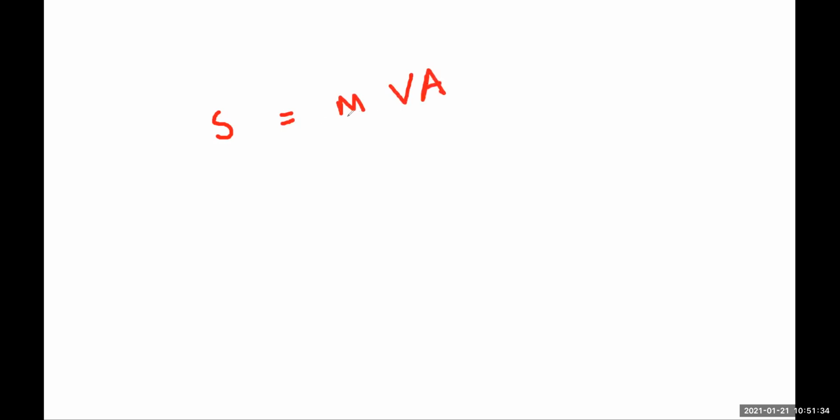M means mega. What is VA? V is the voltage, A is the ampere, right? That means voltage and current will be multiplied. So S is equal to what? VI. What is P? Do you know what is P?